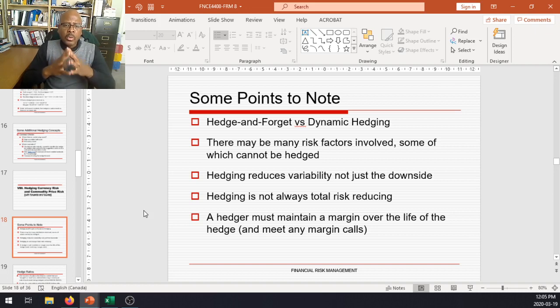Also, hedging is not always risk reducing. We did mention that sometimes a firm might be naturally hedged. The classic case of this is a refinery. The input to the refinery is crude oil and the output, say, is gasoline. And the difference between those two, between crude oil prices and the gasoline prices, the so-called crack spread, tends to stay fairly constant.